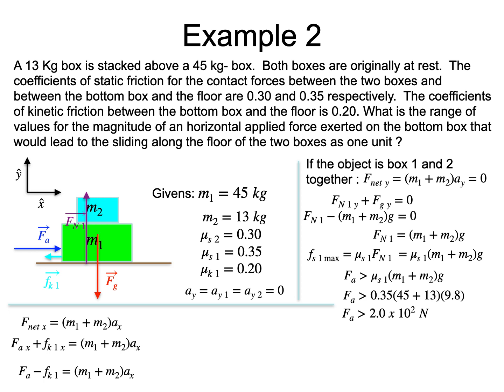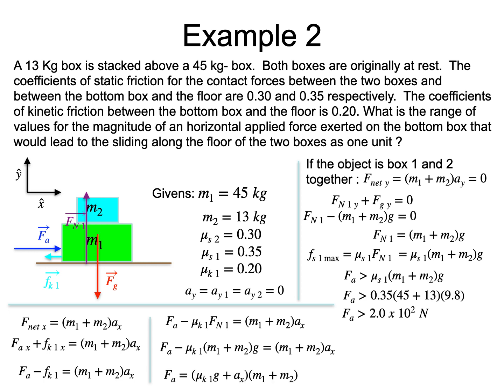The next step is to use the expression for the magnitude of the kinetic friction force in terms of the normal force. After that, we can substitute the expression for the magnitude of the normal force. Isolating for Fa gives this expression, which relates the horizontal component of the acceleration to the magnitude of the applied force. Isolating for ax instead gives this expression.